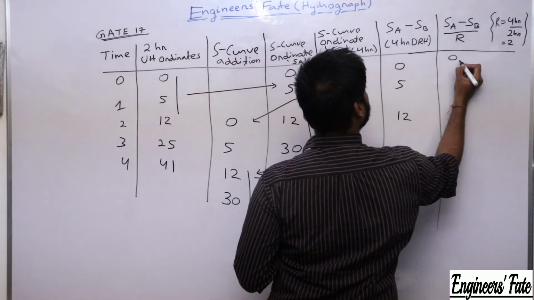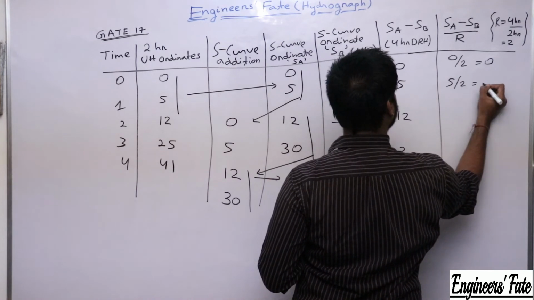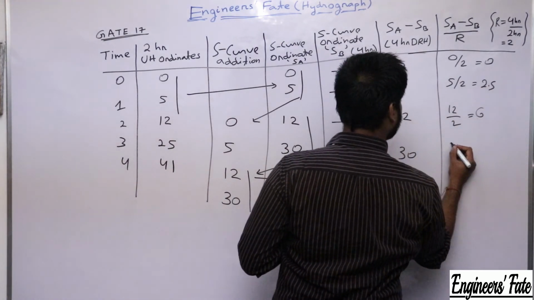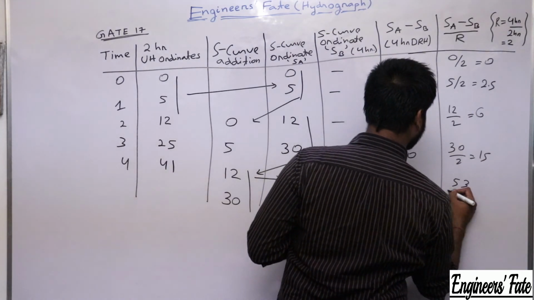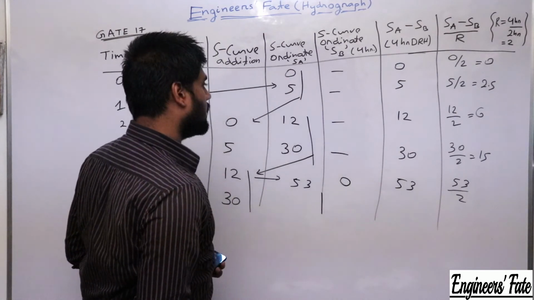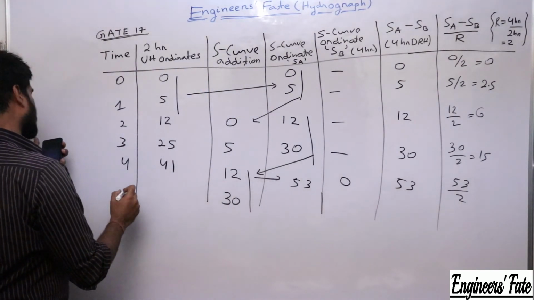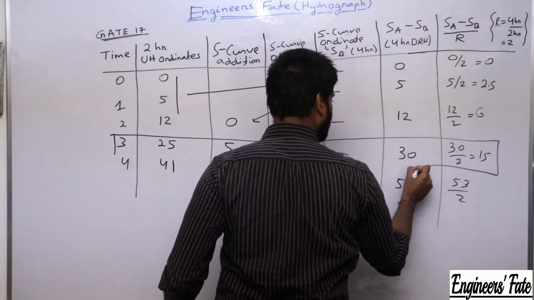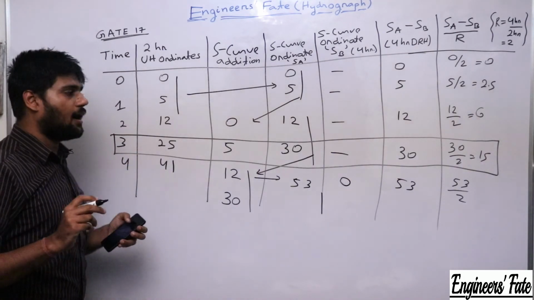So 0 divided by 2, that is 0, 5 by 2 equal to 2.5, 12 by 2 equal to 6, 30 by 2 equal to 15, and 53 by 2. But in this question he has asked us to find the ordinate for time equal to 3 hour, and that is nothing but 15 meter cube per second, and this is the answer.